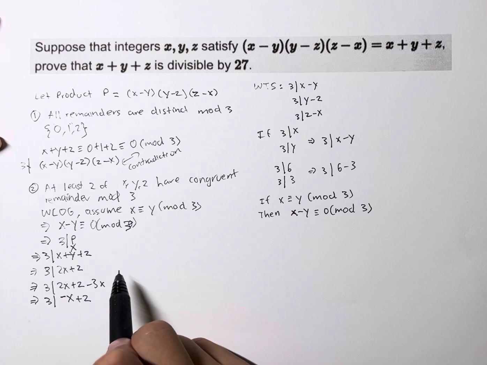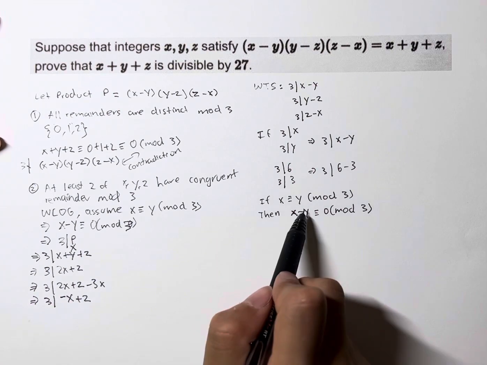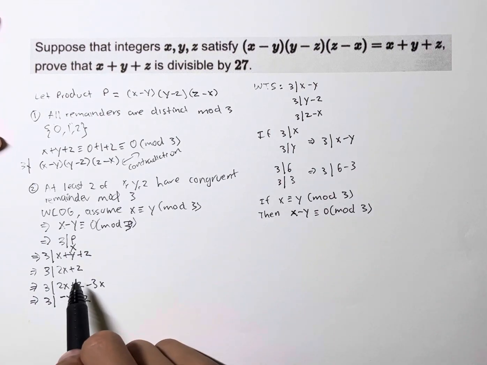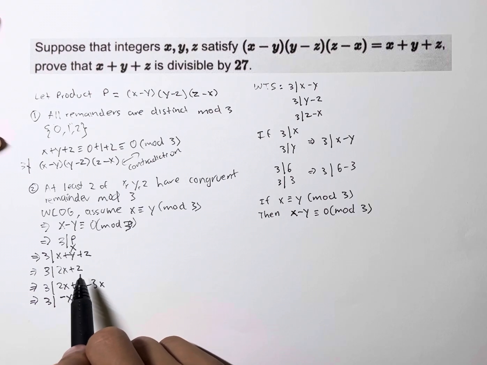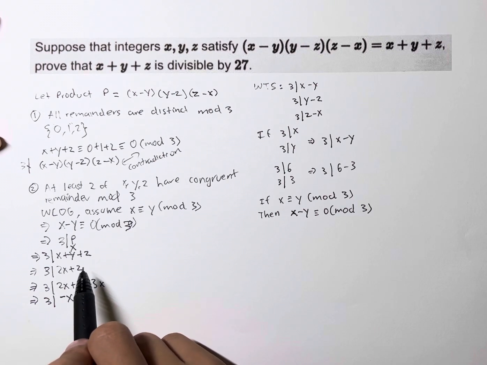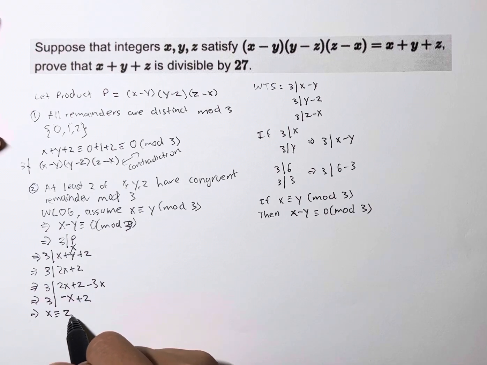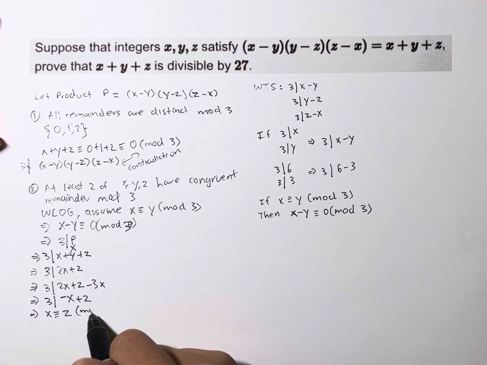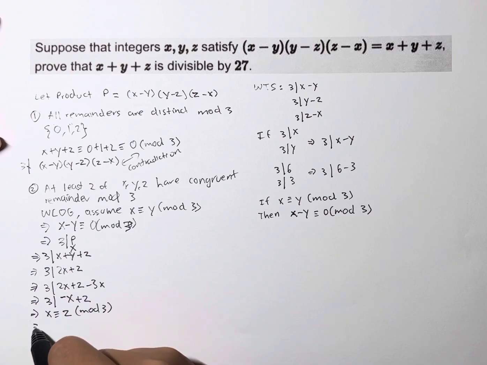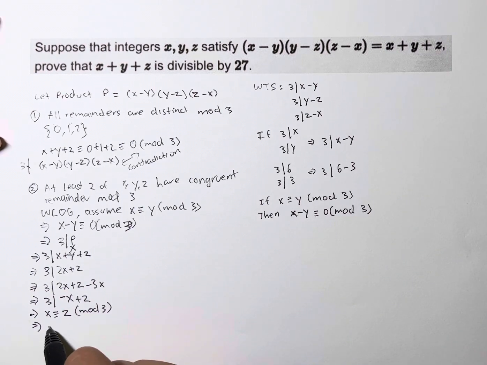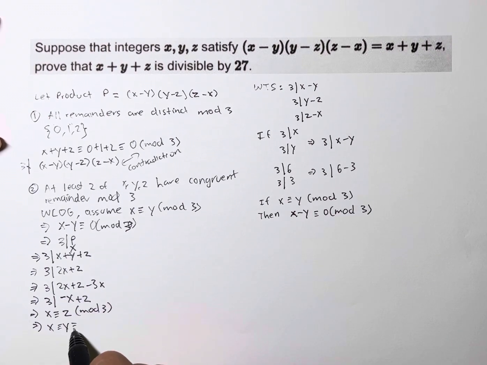So this means that z minus x is congruent to 0 mod 3. So x is congruent to z mod 3. So then you will get that x is congruent to y is congruent to z mod 3.